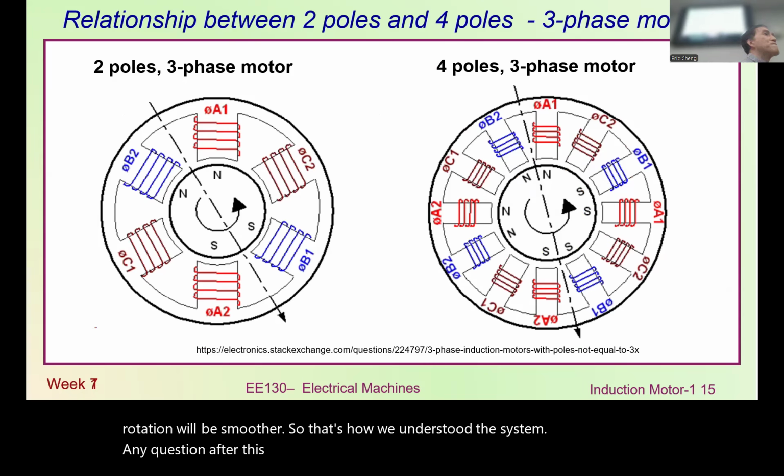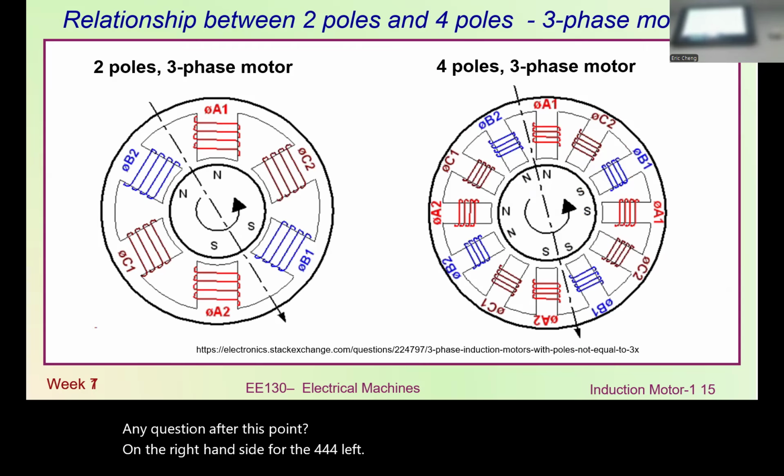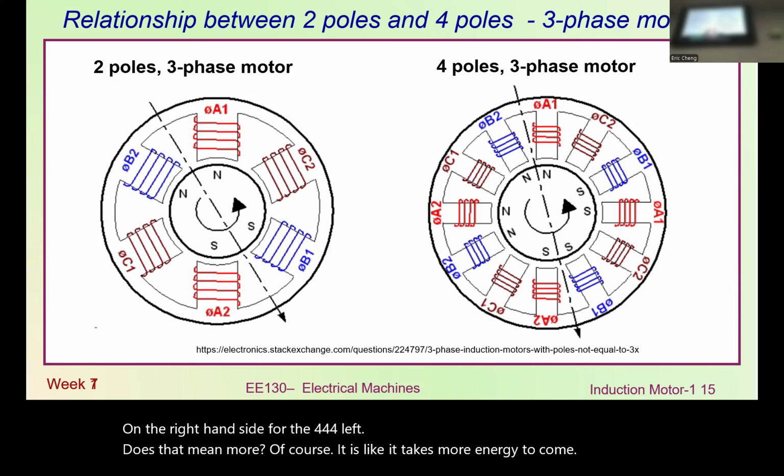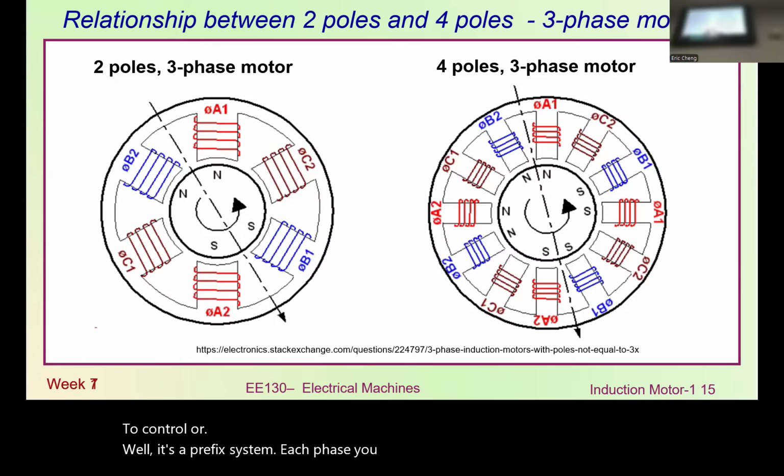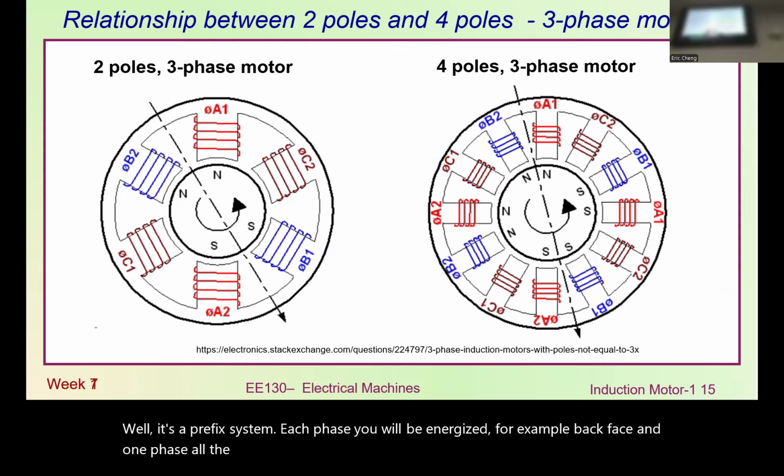Yeah, on the right-hand side, for the four poles, does that mean the more poles there are, the more energy it takes to control? Certainly, because, well, it's a three-phase system, each phase will be energized. For example, the red phase, L1 phase, all four coils are connected in series.